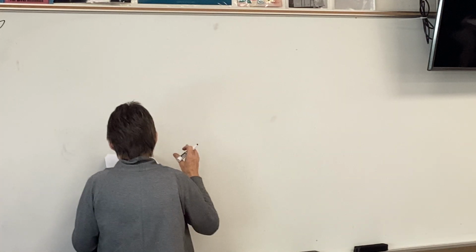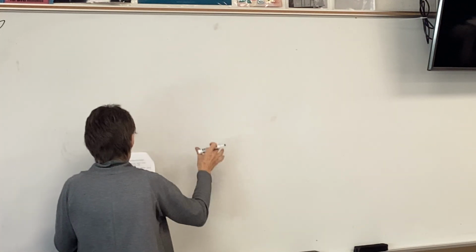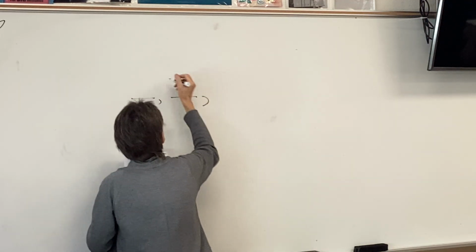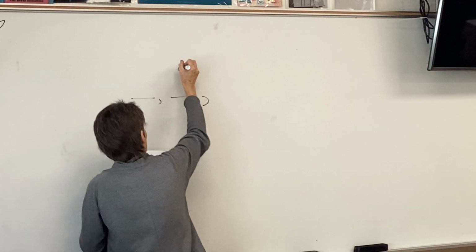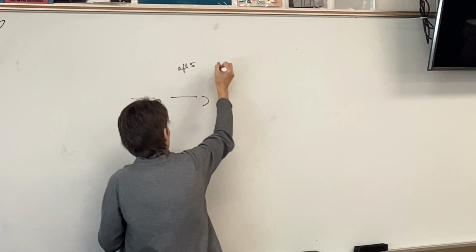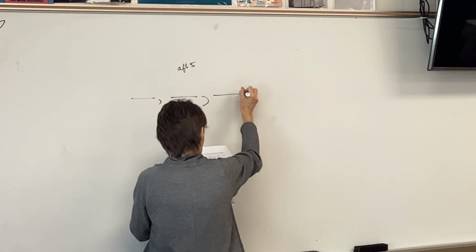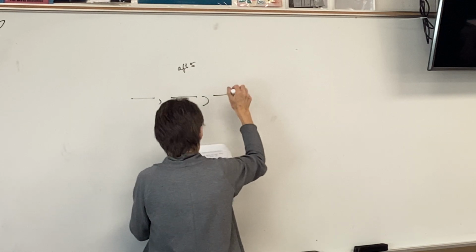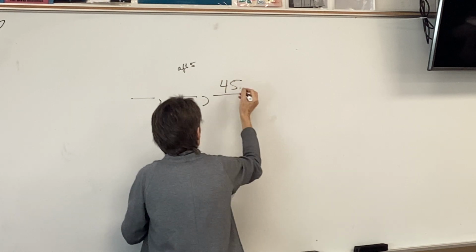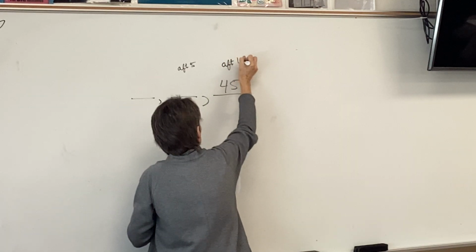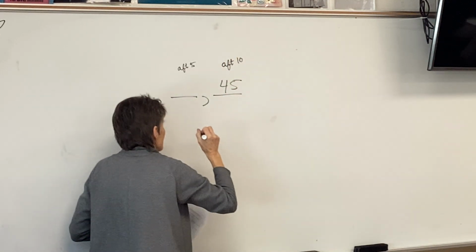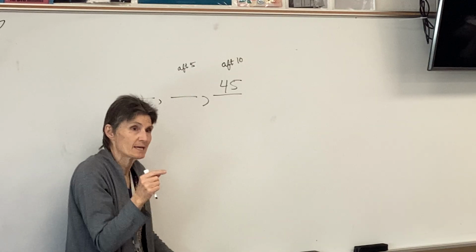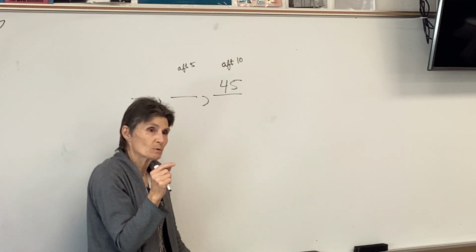So it is known to decay by 25% every 5 years. So this would be the beginning, this would be after 5, and then after 10 years, we know it's 45. So to get from term to term here, this is decaying by 25%.